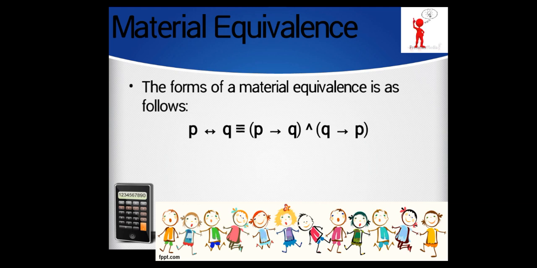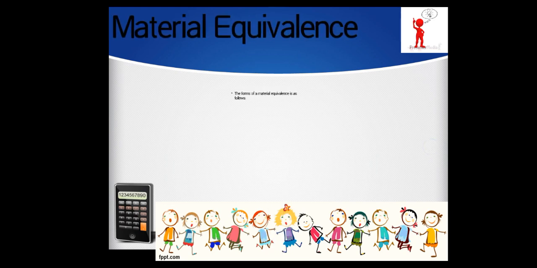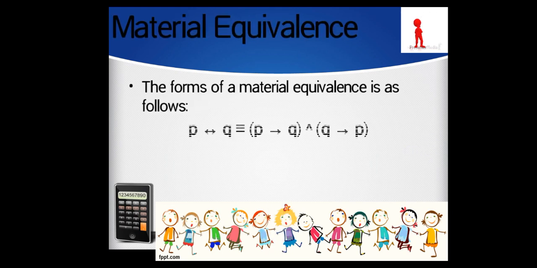For example, the biconditional proposition, the teacher will be absent if and only if he gets sick, can be replaced by the following: if the teacher will be absent, then he gets sick, and if the teacher gets sick, then he will be absent. So that is P implies Q and Q implies P.